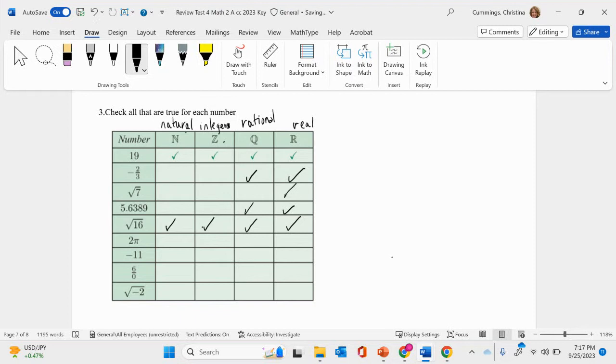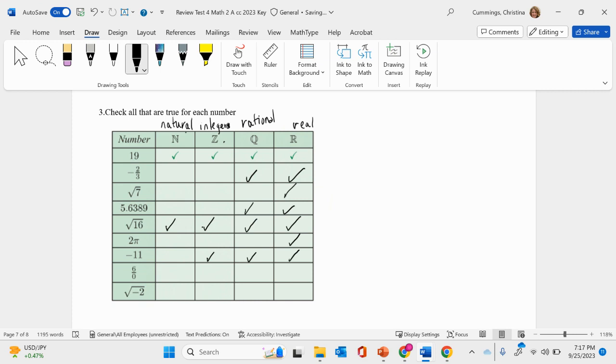So we learned that pi is irrational, so 2 times pi would also be irrational. So it's none of these but a real number. Negative 11 is an integer. It can't be a natural number. It's not a counting number. It's a negative whole number, which, if it's an integer, then it's rational and it's real.